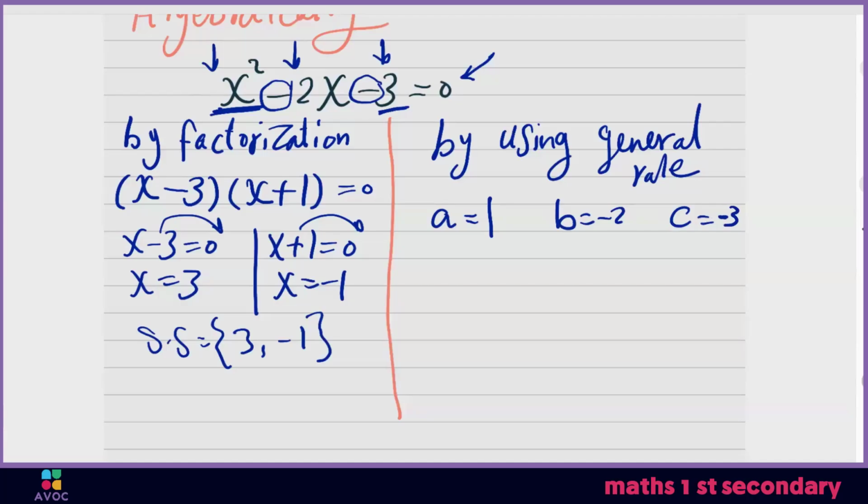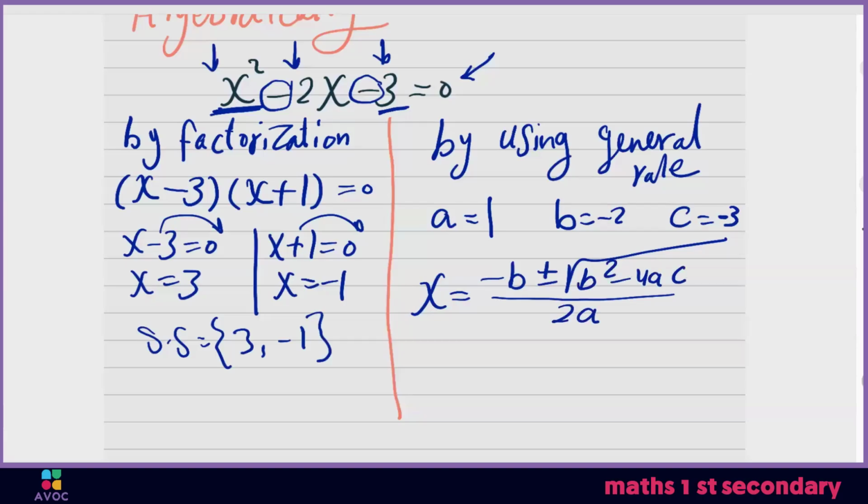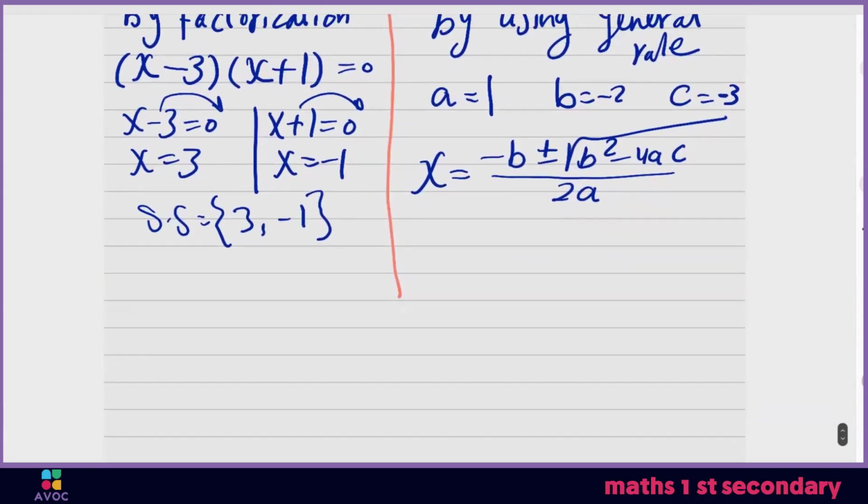After that, you will use this rule, which is x equals negative b plus or minus root b power 2 minus 4ac over 2a. Okay? You will substitute the values of a, b, and c.